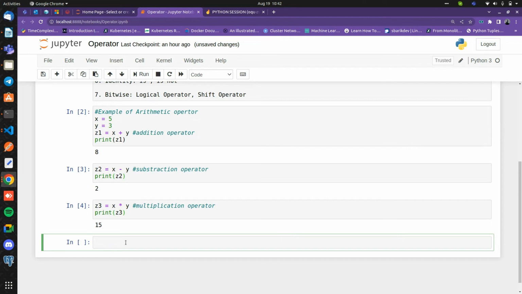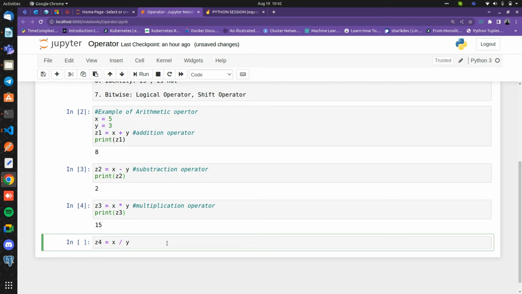Okay, and let's talk about z4 equal to x divided by y. Notice that if I give the division symbol, this is called my division, and the double forward slash is called my floor division.